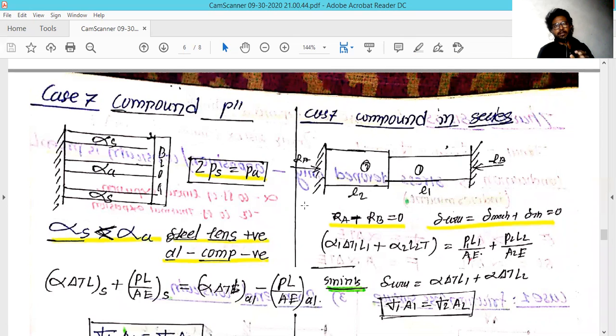So you should not focus on this, just focus on the value of alpha. Because if you know the value of alpha, you have to compare these two values. If the alpha value is higher, then definitely it is going to be in compression, and if the alpha value is less, you should be clear that it is definitely going to be in the tension condition.